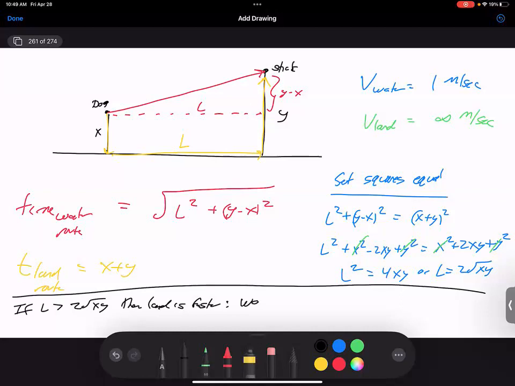So the water time is greater than the land time. The land time is x plus y.